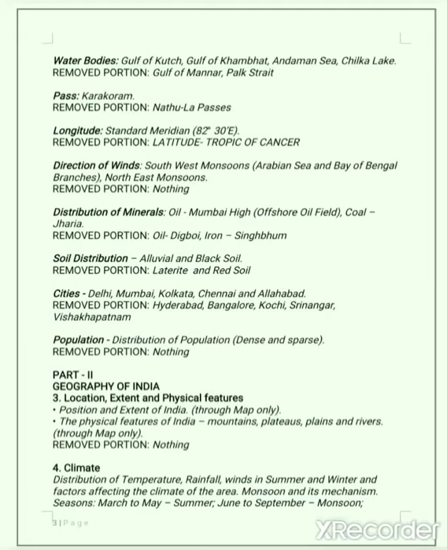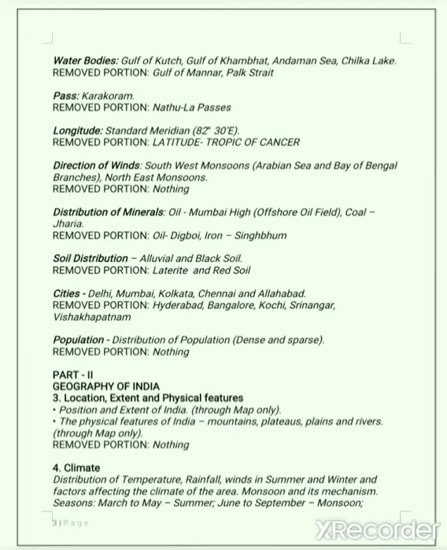Okay. Next is population. Under population, you are supposed to locate the place which is having the dense population and the place which is having sparse population, and removed portion from here is nothing, so nothing has been removed from here. Next, let us move on to part 2 of the syllabus.